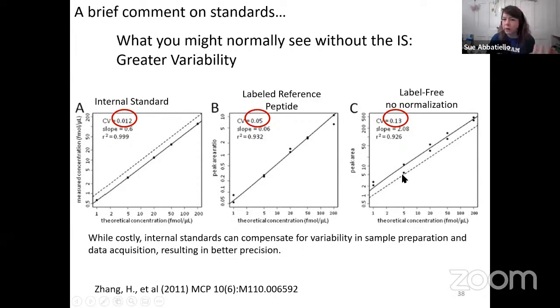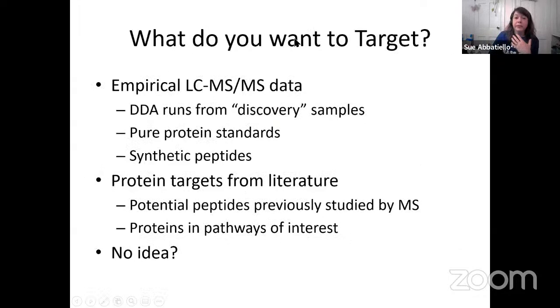Perhaps one replicate was just not so good. And because we can't normalize and take that variability away, now the coefficient of variation is up to 13% or 0.13. And so understanding that this is all the same light data, the impact that having an internal standard has is accounting for that variability and improving the accuracy.